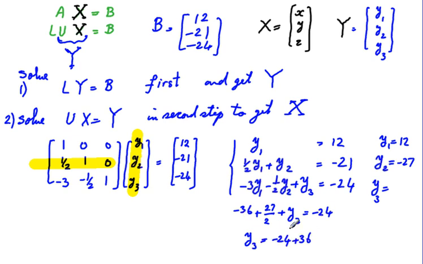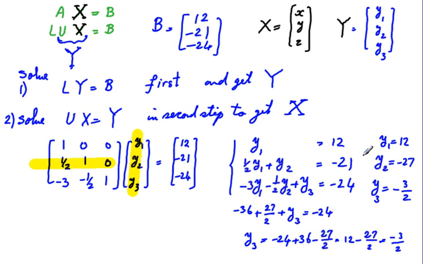You add 36, subtract 27 halves. So that's 12 minus 27 halves, which is minus 3 halves, if I'm not mistaken. Yes. Okay.